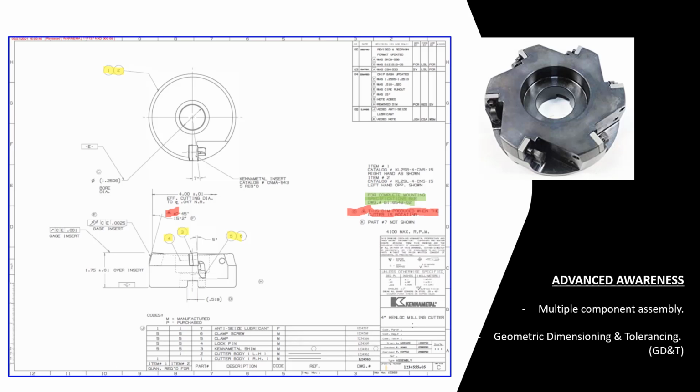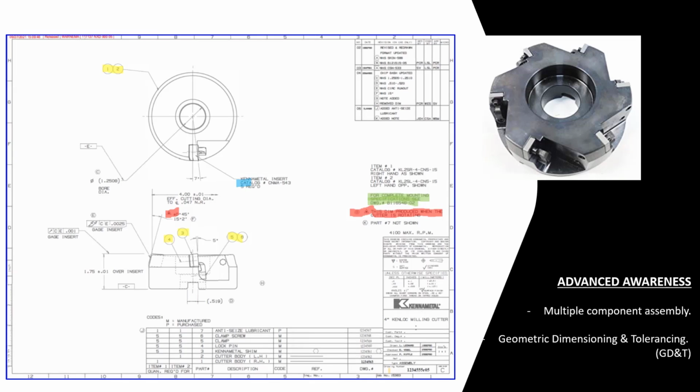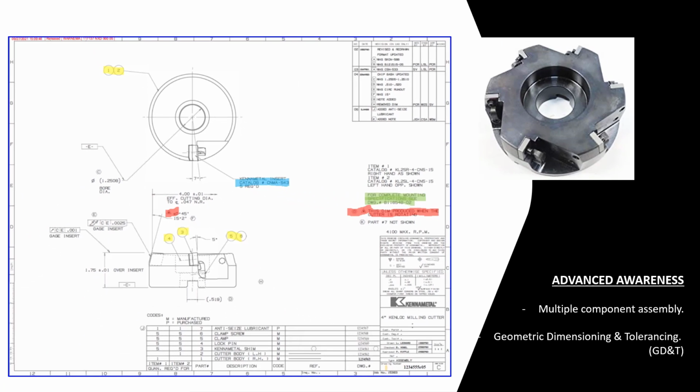Another thing I want to point out is this note over here on this dimension, where it says you have this insert, which is the piece of the cutting tool that cuts metal, reflected over here, but we need 5 of them.